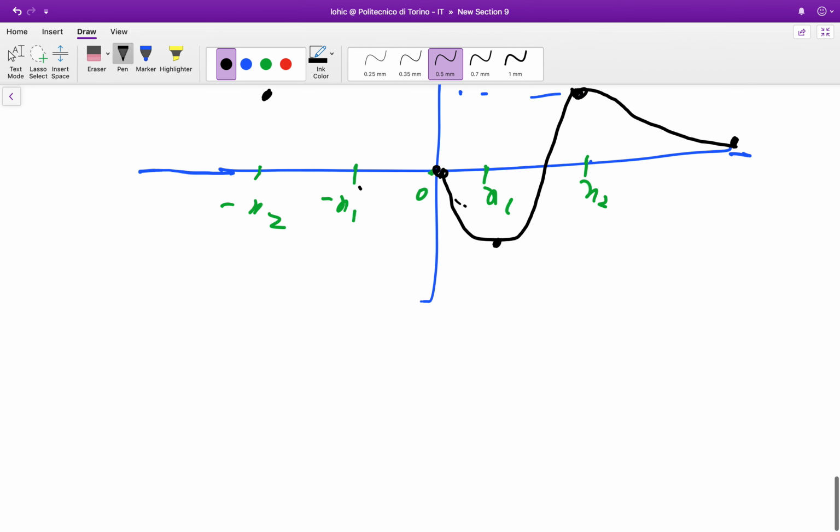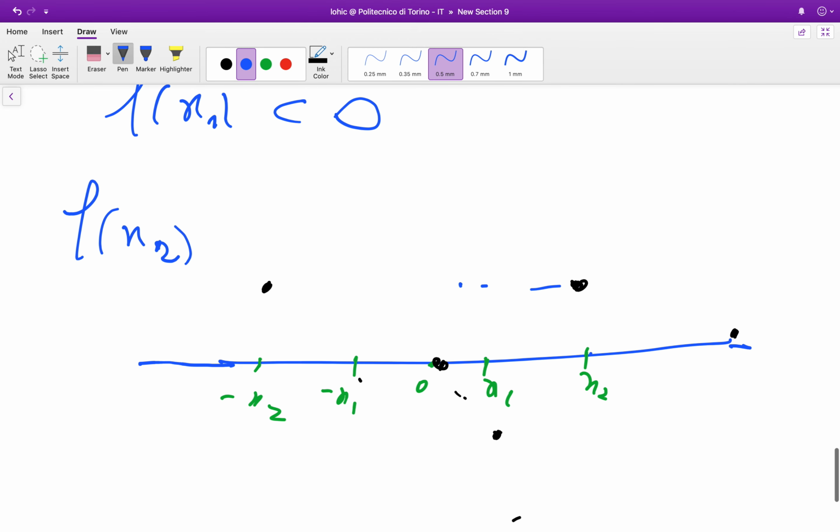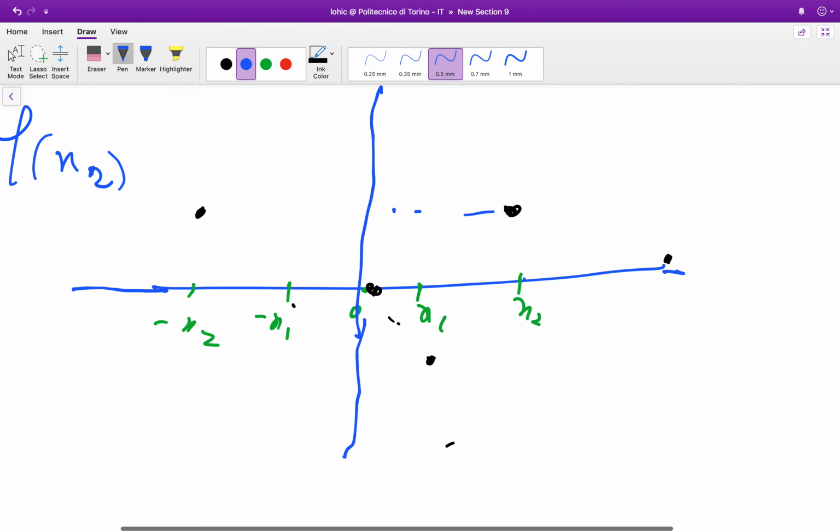Remember that 0 was a non-differentiable point. So you need to make sure that the tangent line to the function at 0 is correct.